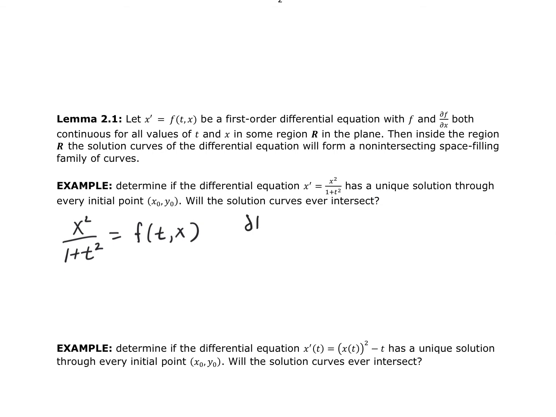Our partial derivative with respect to x will equal 2x over 1 plus t squared. Both are continuous for all the values of t and x. Therefore, the equation has a unique solution for every single point t naught, x naught. And the solutions cannot intersect anywhere in the plane because they're unique. If they're unique, they are not going to intersect.